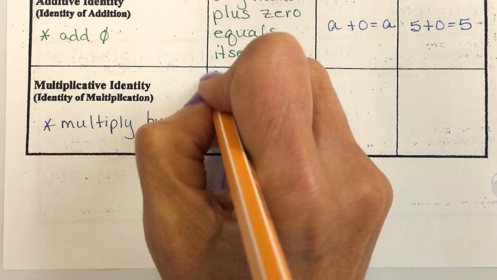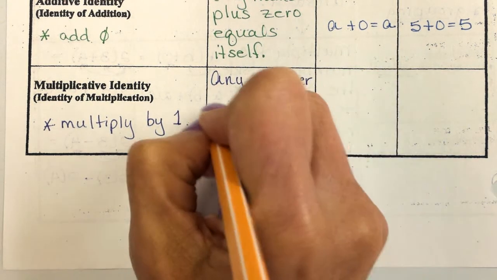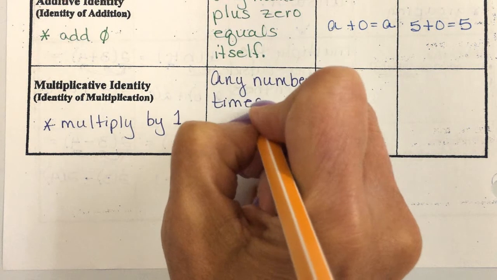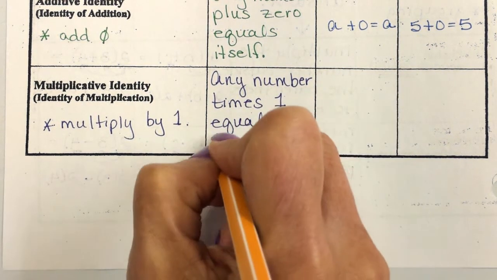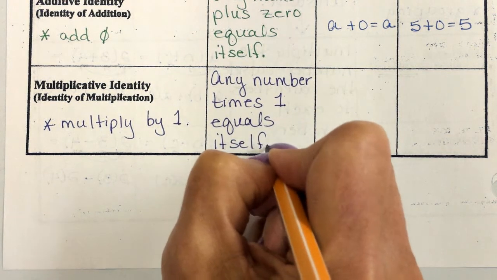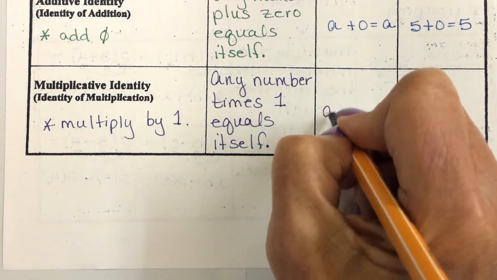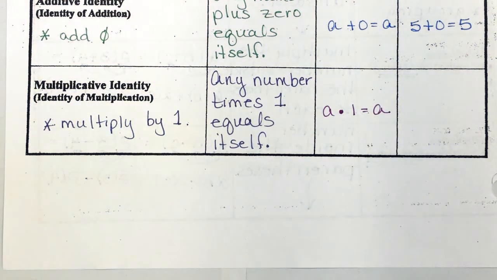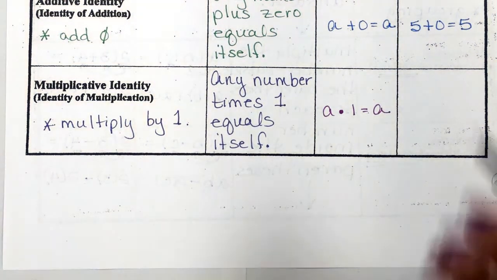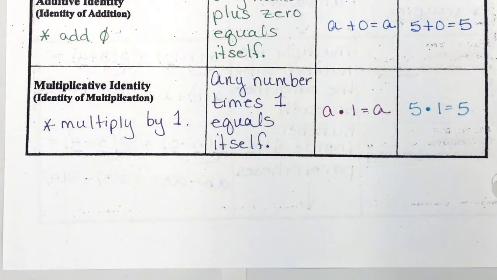So any number times 1 equals itself. Okay, so we'll do our example on that. Any number times 1 equals itself. And we'll just stick with that 5. 5 times 1 equals 5.